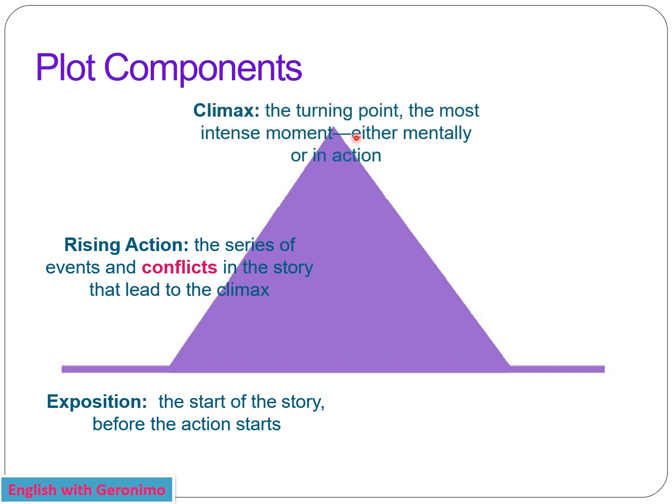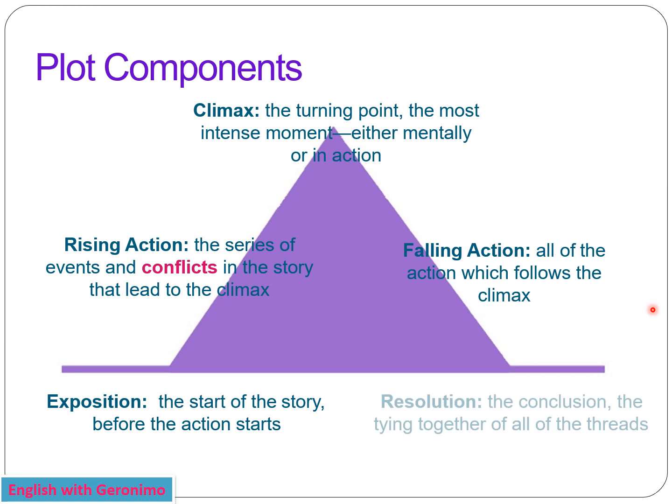And the climax is the turning point, the most intense moment, either mentally or in action. Then going to falling action, all of the action which follows the climax. And lastly, we have the resolution or the conclusion, the tying together of all the threads, or the end of the story.